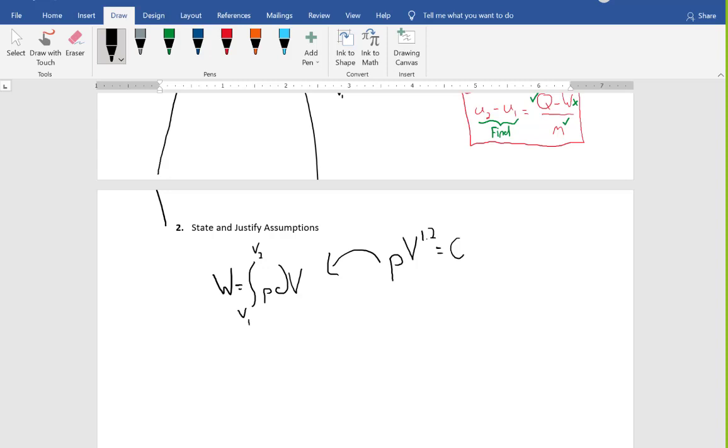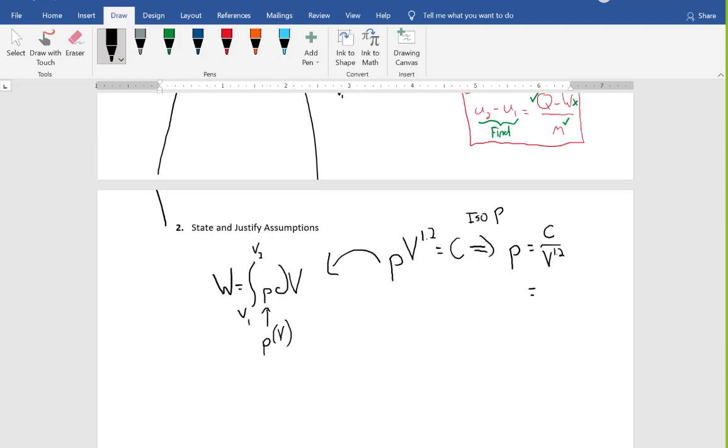But before we do that, P has to be a function of V. So I have to write out P as a function of volume, and that's what this allows me to do. In order to do that, I have to isolate P. So this equation becomes P is equal to some constant divided by V to the power of 1.2.